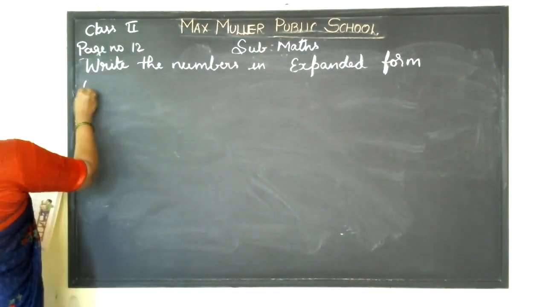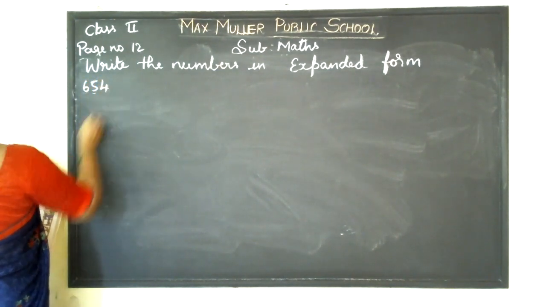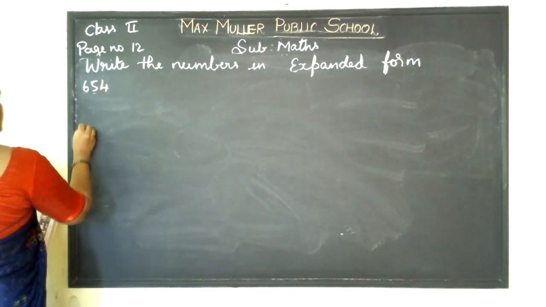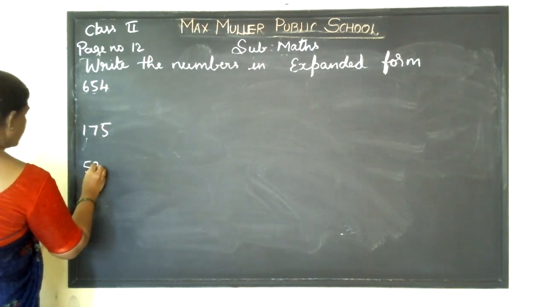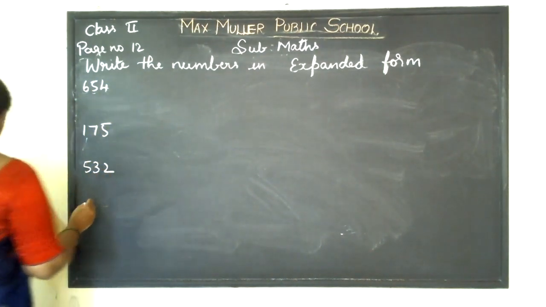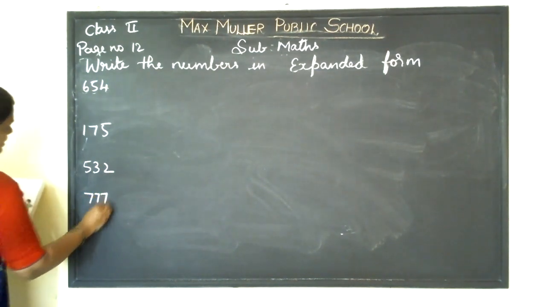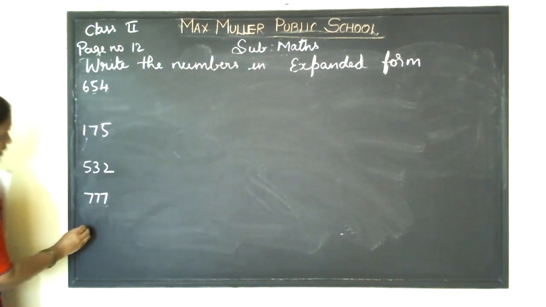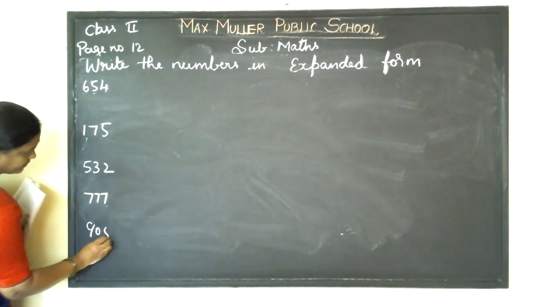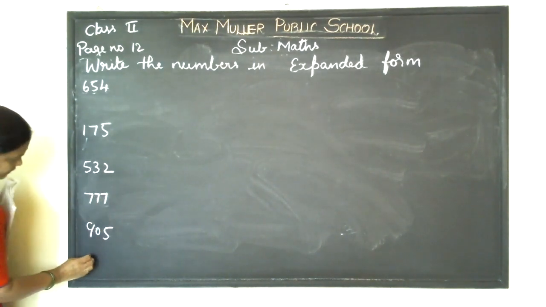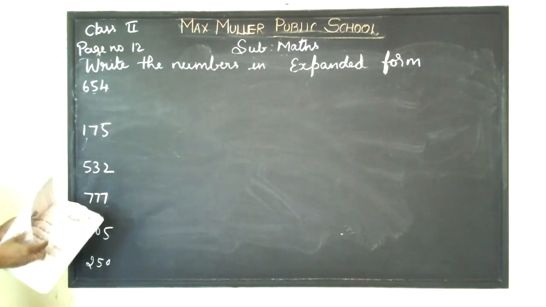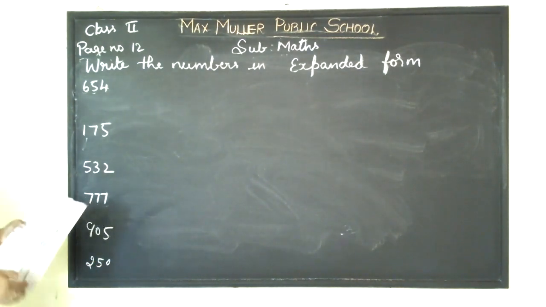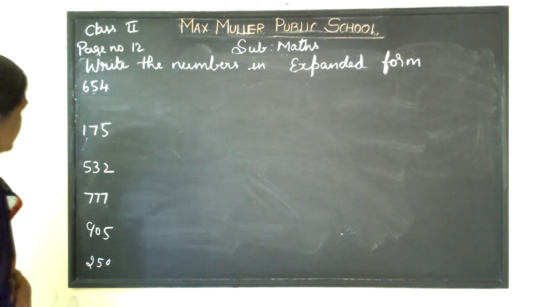Now 654. Here 175, 532, 777, 905, 250. Now we will do this.